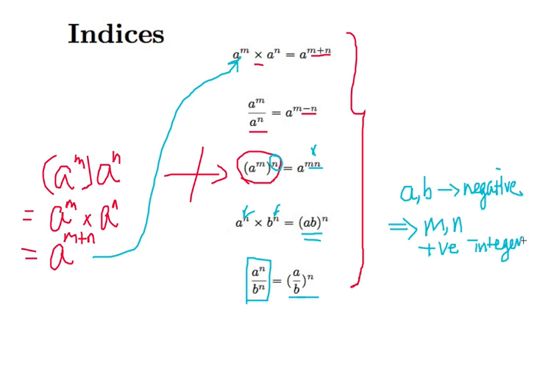Because when it's a negative number, say for example negative 8, and the power is not a positive integer, for example half, you cannot square root a negative number. It's not in your syllabus. So therefore it has to be a positive integer, say for example negative 8 squared or negative 8 cubed. So that's very important.